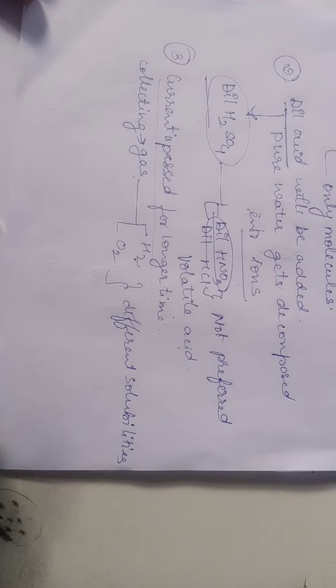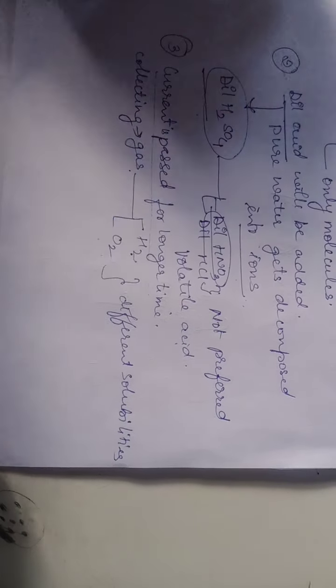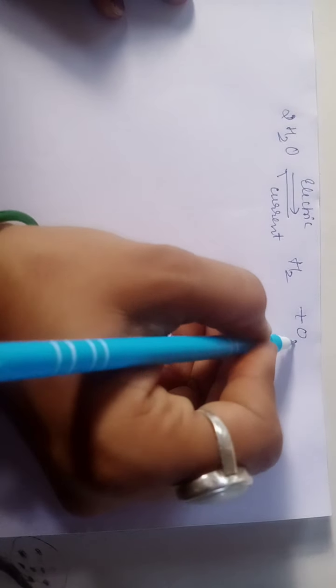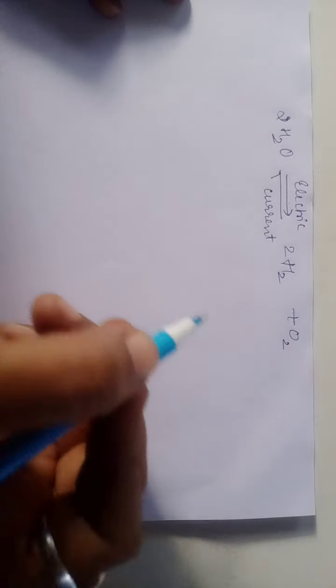Now the next part of this electrolysis process is that I have told you that hydrogen and oxygen are collected at the cathode and anode. Yes or no? Now let us start. We have water, 2H2O. This is the general equation which will decompose into hydrogen and oxygen by the passage of electric current.